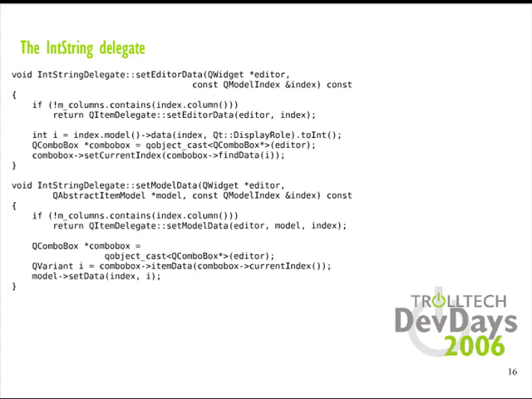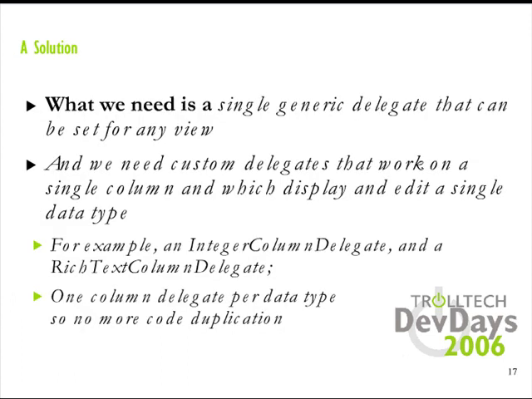However, what happens when you have lots and lots and lots of models? Okay? Every one needs a custom delegate if you want control over the presentation and editing of your data. And yet, time after time, in all these models, you're going to be editing the same data types. So you'll have a model that has integers and floats and strings here, another model that has integers, floats and strings, and so on and so forth.